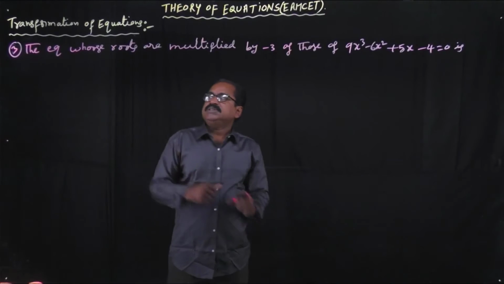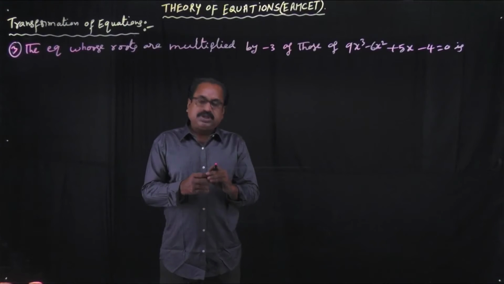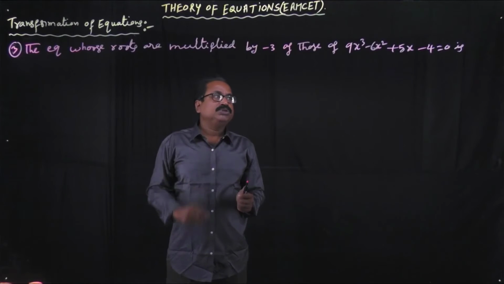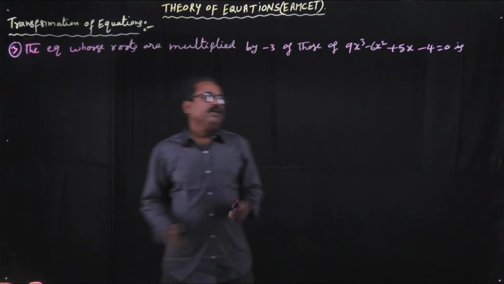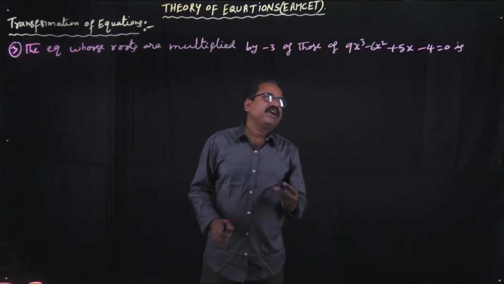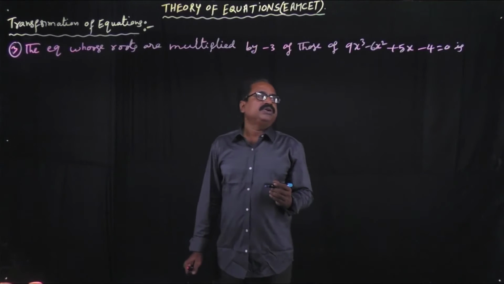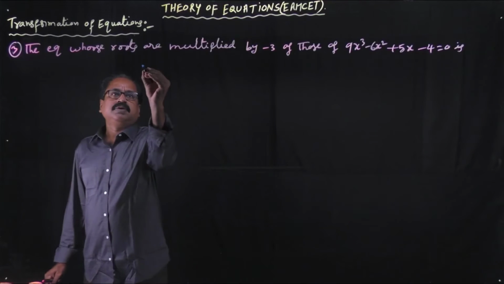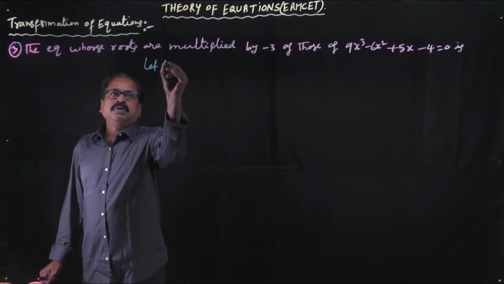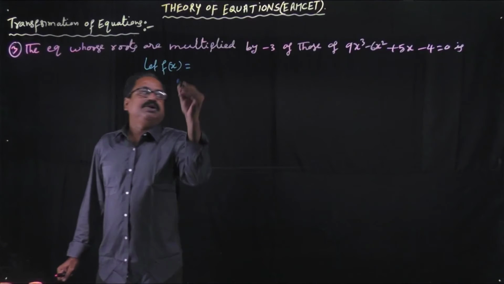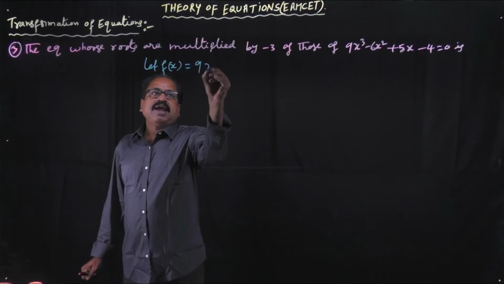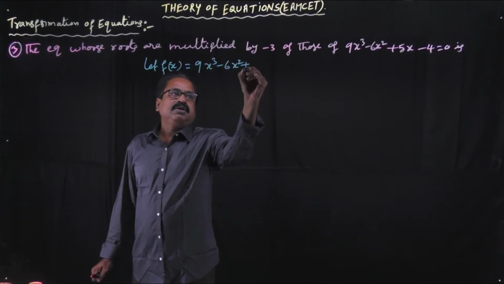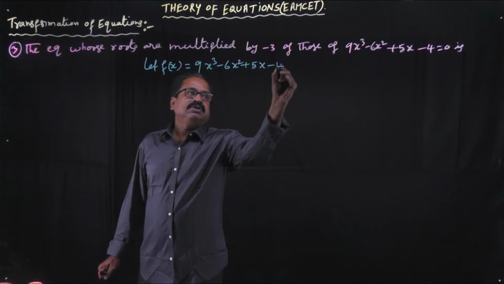So the third problem is: find the equation whose roots are those of 9x cube minus 6x square plus 5x minus 4 is equal to 0 multiplied by minus 3. Let f of x is equal to 9x cube minus 6x square plus 5x minus 4.